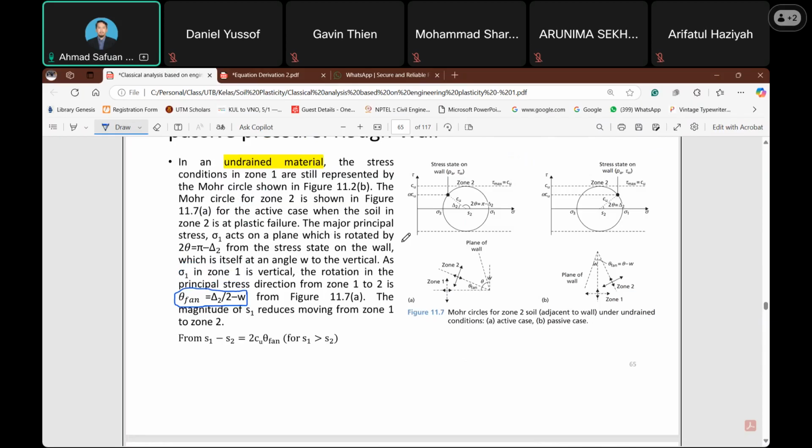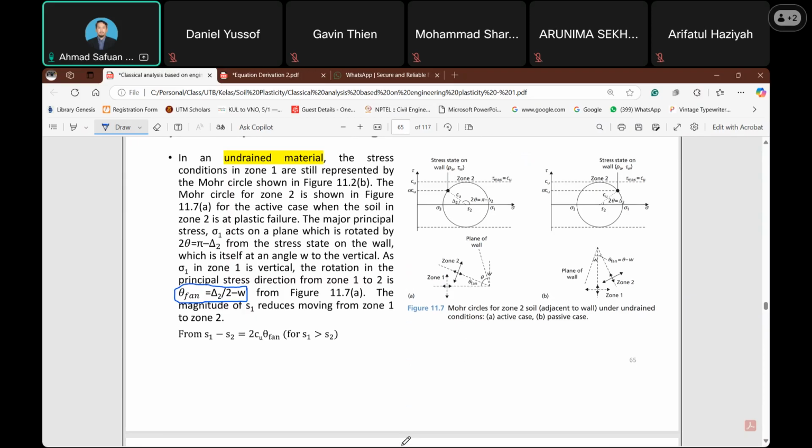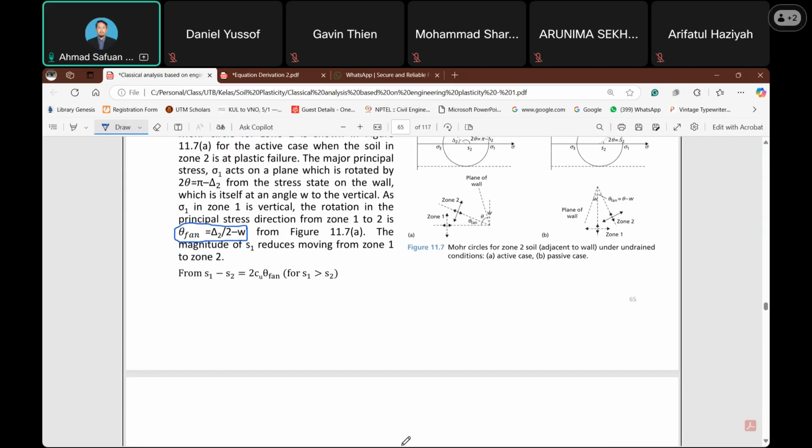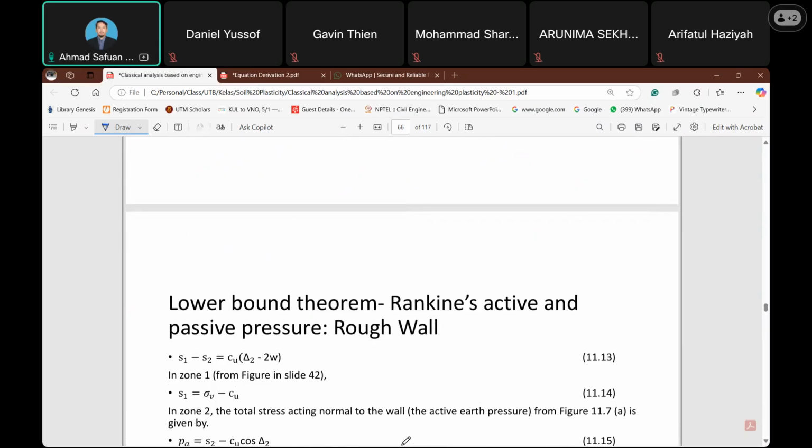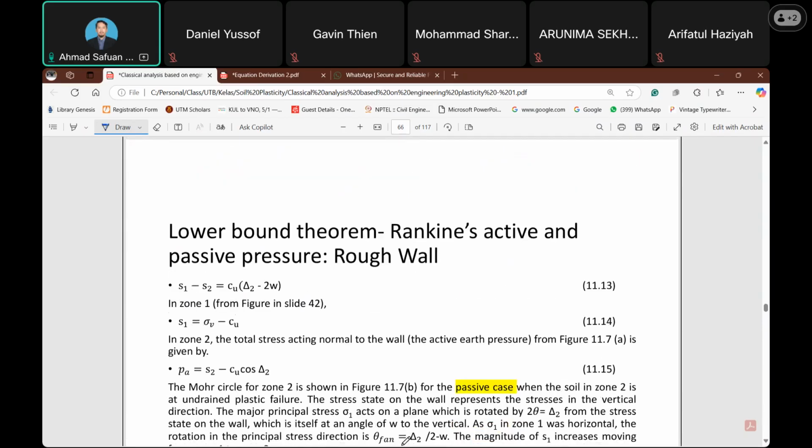We put the theta fan inside this equation, as delta 2 over 2 minus W. So later on, we obtain 2 delta 2 minus 2W.